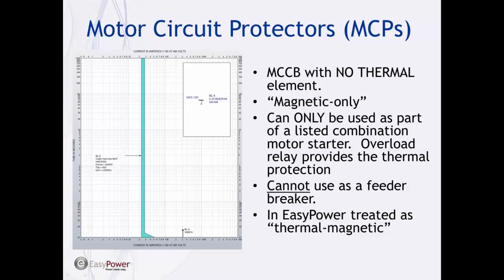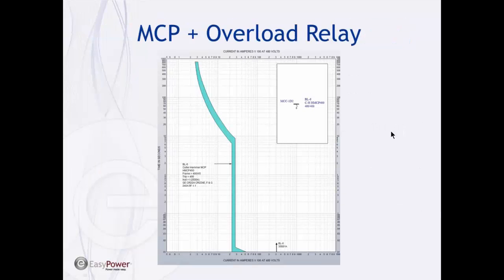All right, so this is just an example. In EasyPower, we will attempt to combine the MCP curve with the thermal overload curve into one curve. And so this is defined in the data for the breaker.